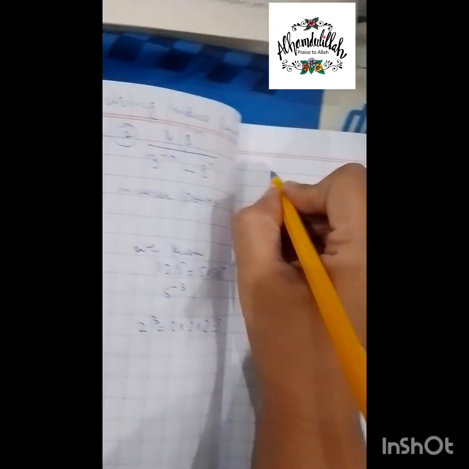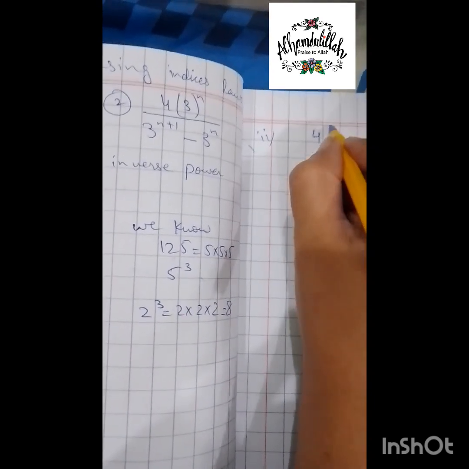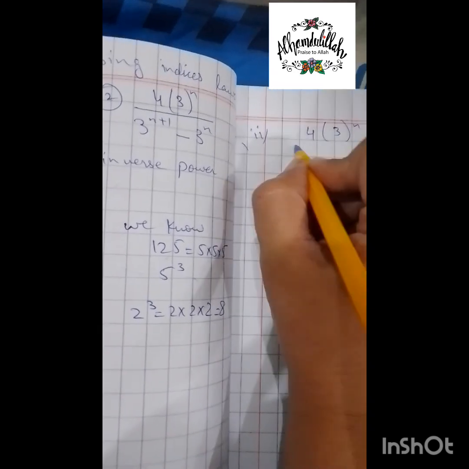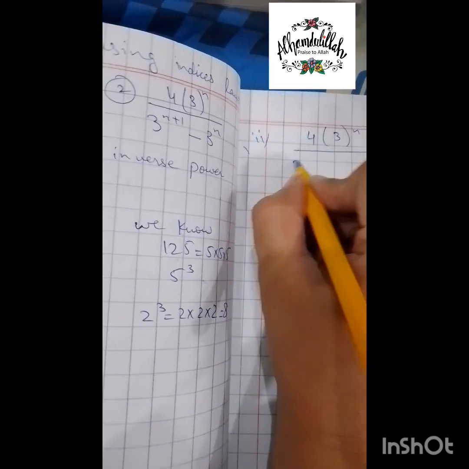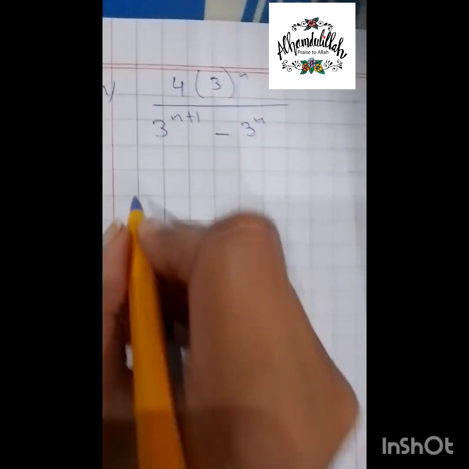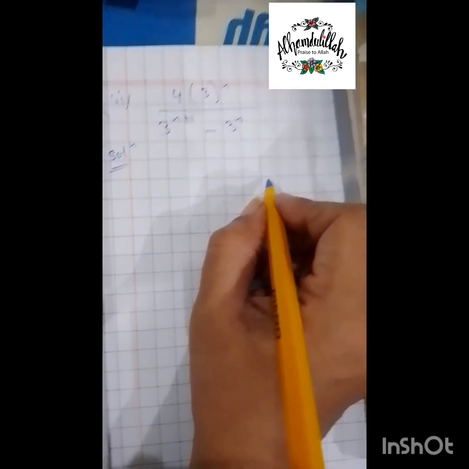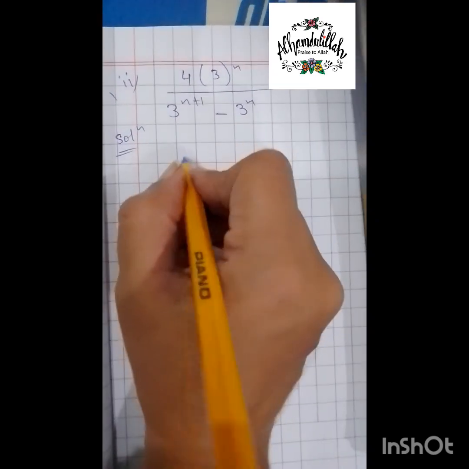Now next is 4 multiplied by 3 raised to the power n upon 3 raised to the power n plus 1 minus 3 raised to the power n. Putting the power inside.